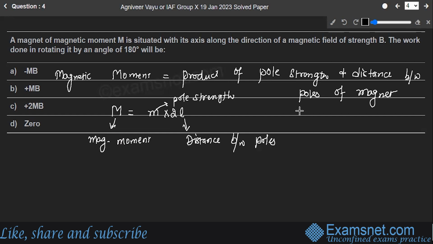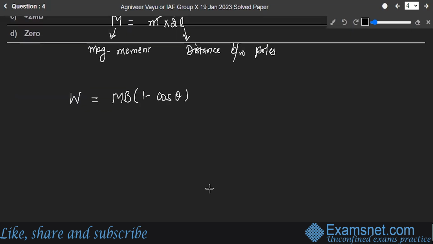Now, work done in rotating a magnet of magnetic moment M with an angle theta in an external magnetic field B is given by W is equal to MB(1 minus cos theta). Right?